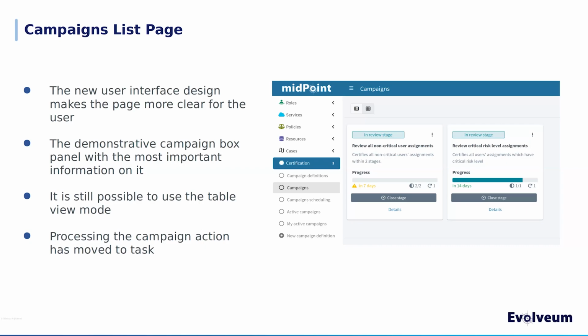And this new user interface allows to read better the state and the progress of the campaign. And still the user has a possibility to switch to the table view if he wants.